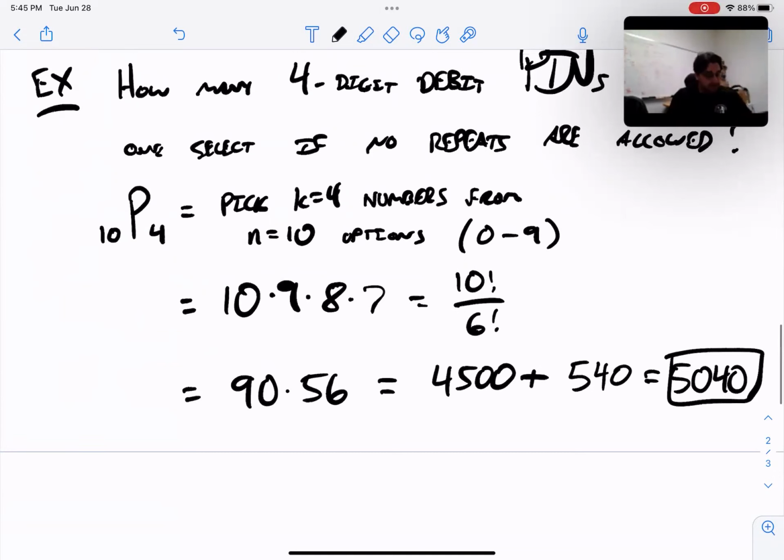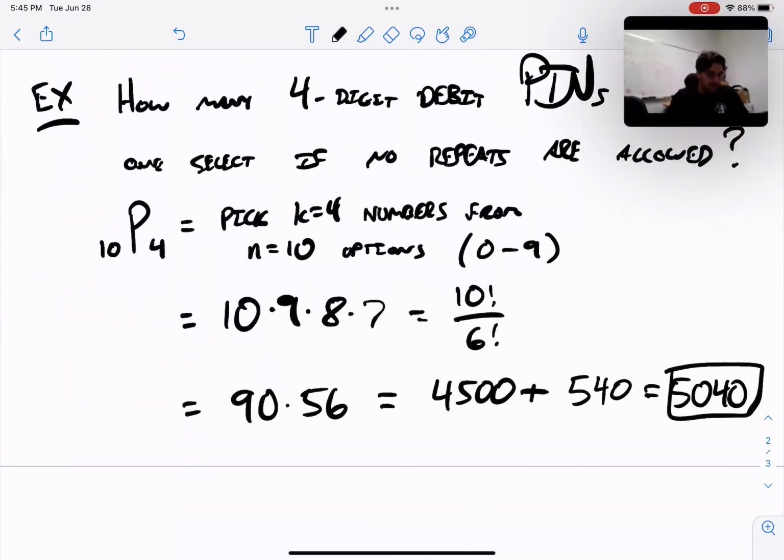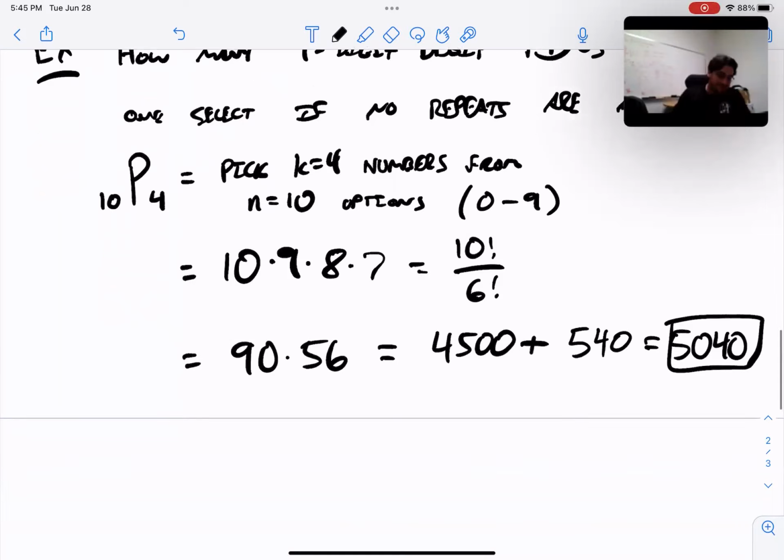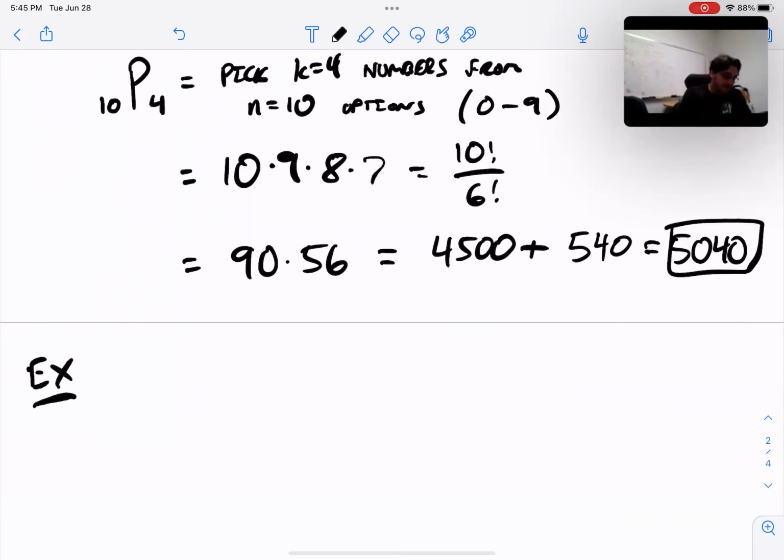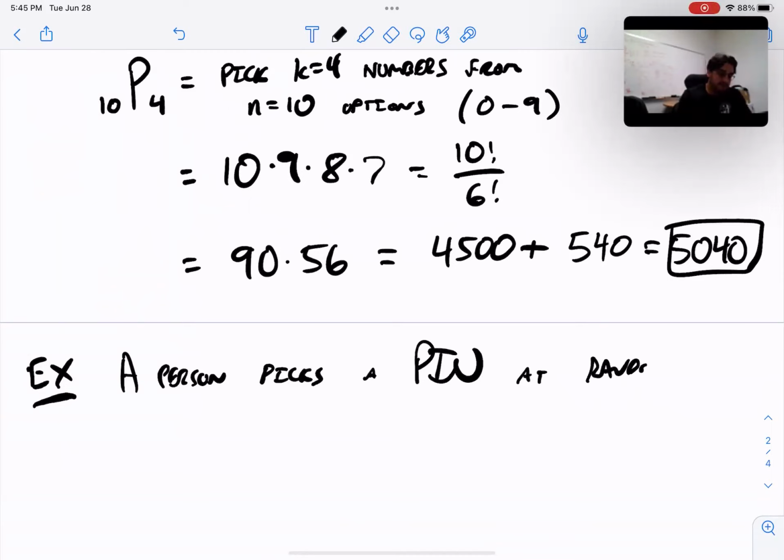One thing to notice is once you get good at counting, a lot of probability questions become really easy. So suppose a person picks a PIN at random. They use a standard 4-digit bank PIN, and they just pick one totally at random.